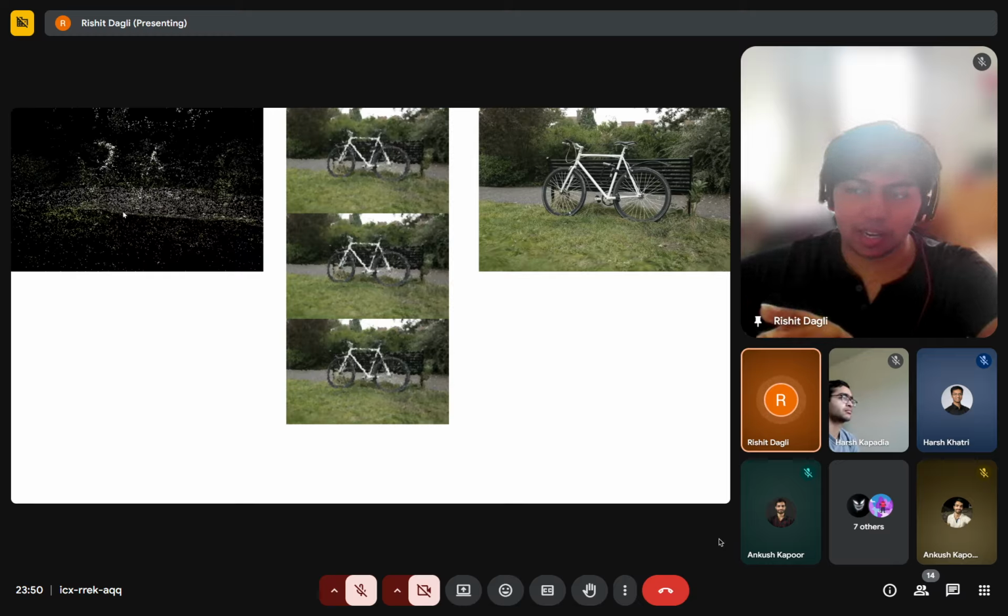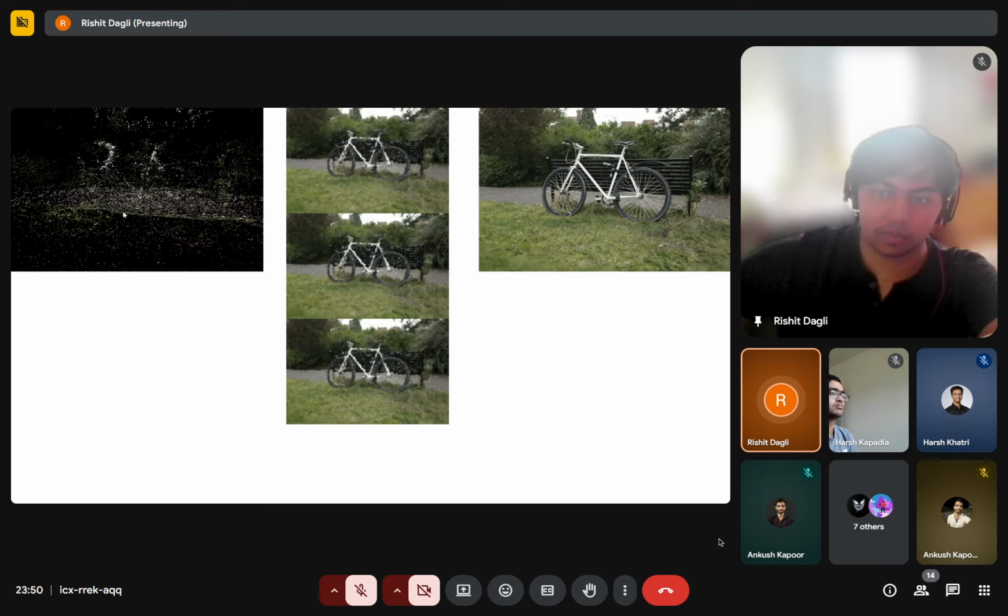Then you initialize random Gaussians on all of these point clouds, and then you do something called splatting, which is you take all of these Gaussians and conceptually put them on a canvas, splat them on a canvas, and that gives you images from whatever angle you want.